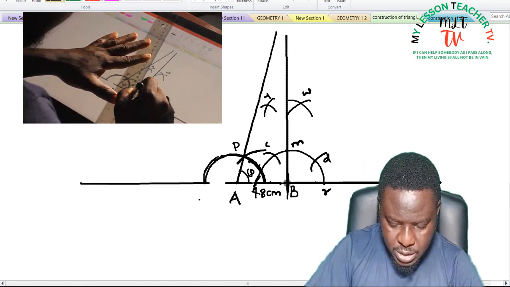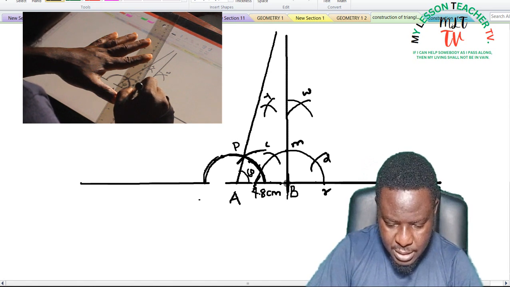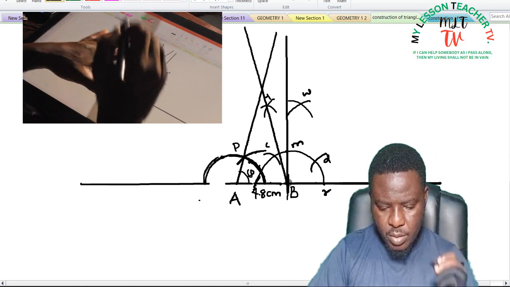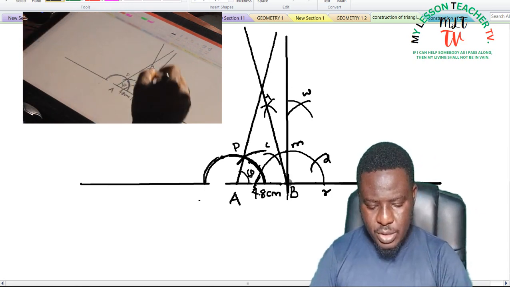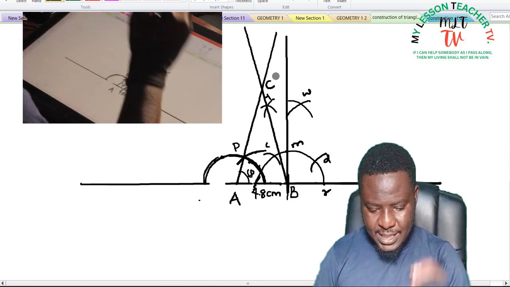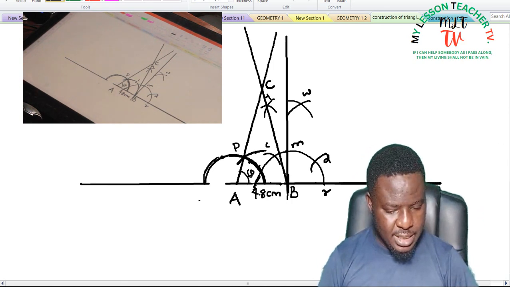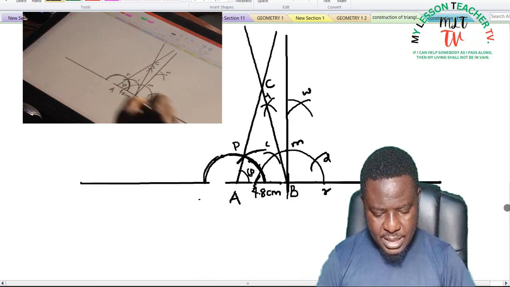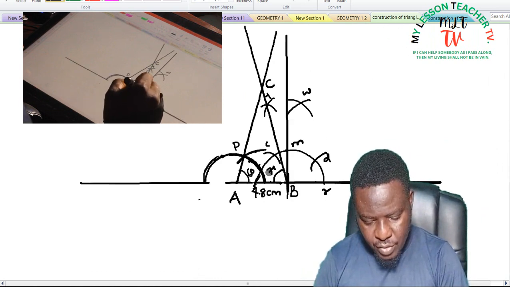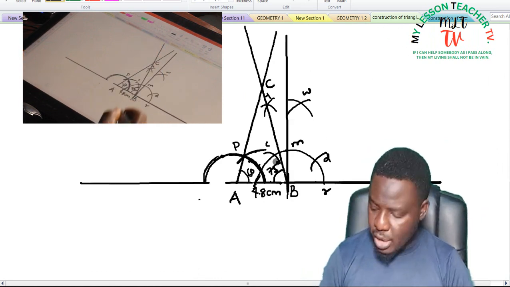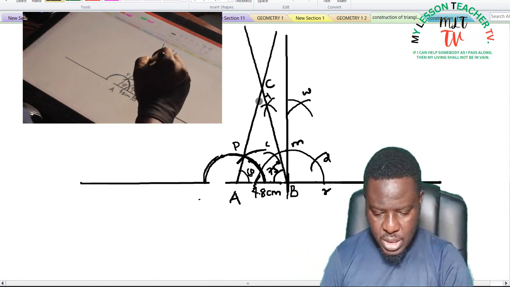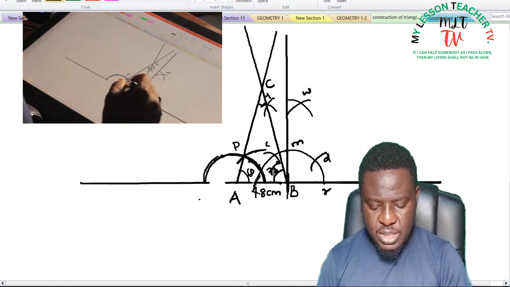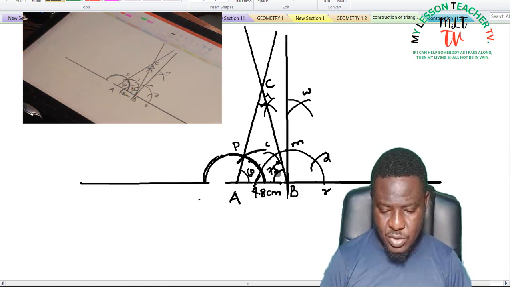So when you do this, you're going to have something like this. So this gives us our point C as stated in the question. You can measure angle C, and this gives you 75 degrees. When you use your protractor to measure angle C, it gives you what is left when you subtract the sum of 60 and 75 from 180 degrees.